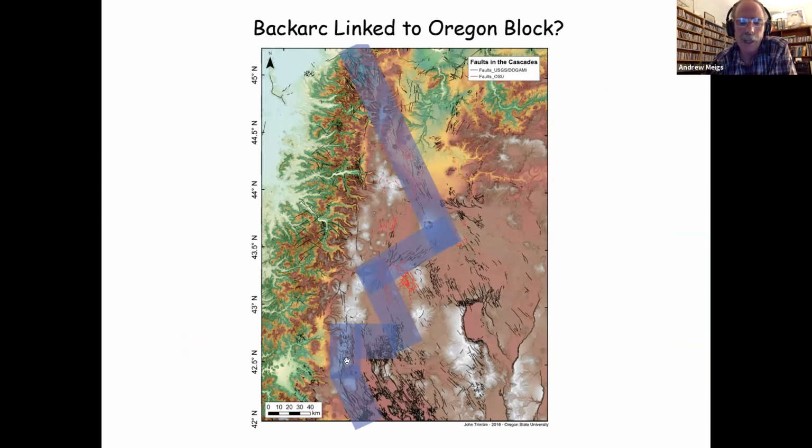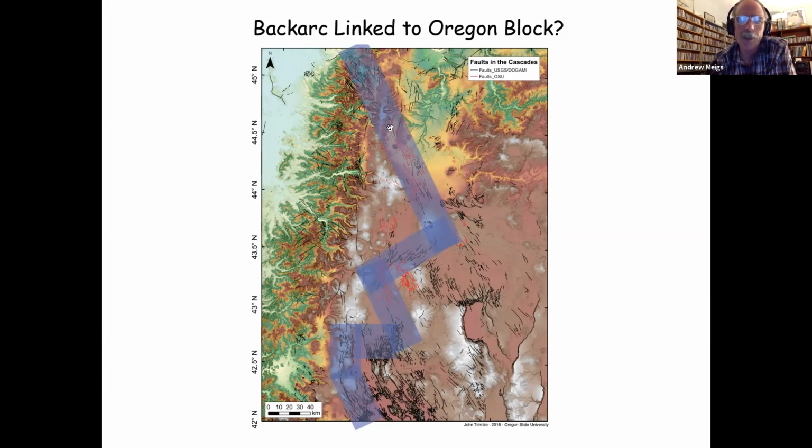In addition to that, the pattern of faulting is interesting in so much as in the south, faulting is limited at the arc itself. Here's Crater Lake, and the faults of the Lake of the Woods zone do not cross Mount McLaughlin, for example. But by the time you get up to the Mount Jefferson area, there's some indication that faulting is actually crossing from the east to the west side of the arc.